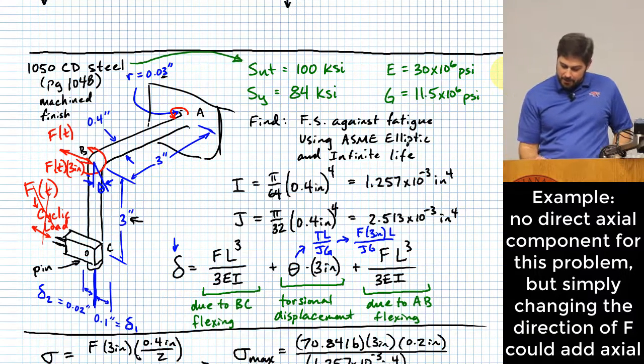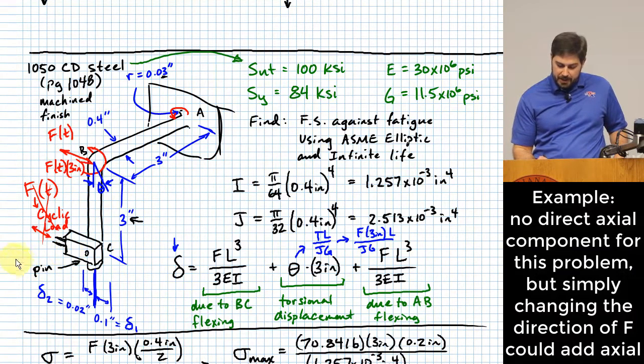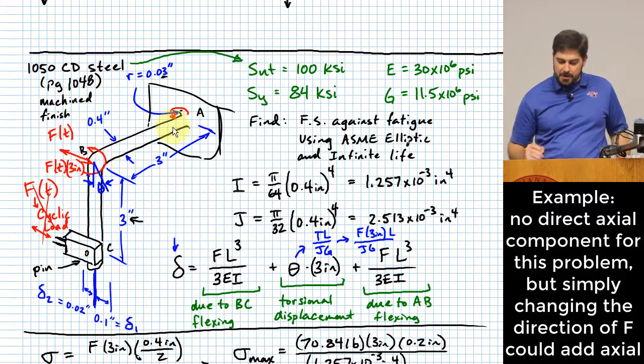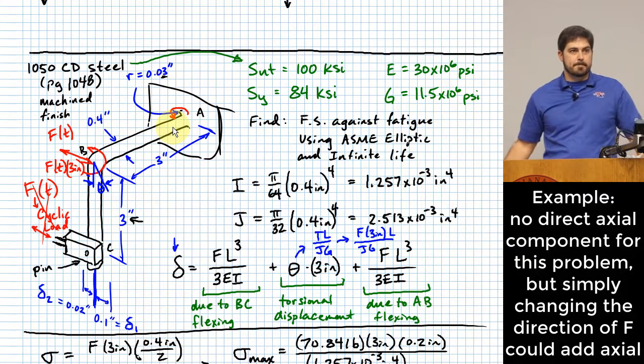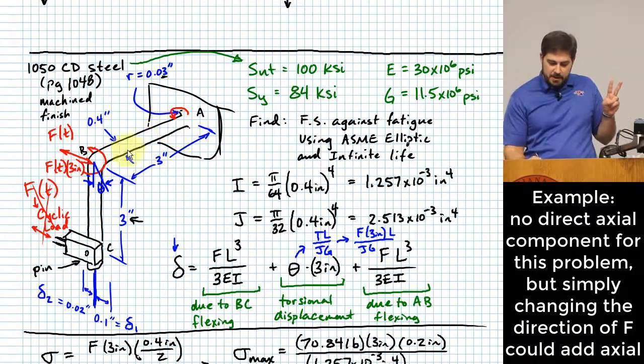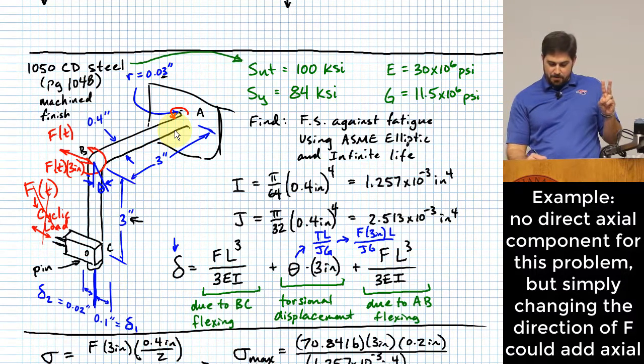Okay. What if I took the direction of this cyclic load and changed the direction a little bit and put a component of that load parallel to the direction of AB? That would have done two things. It would have made an axial load in AB, but what else would it have done? More flexural components as well.